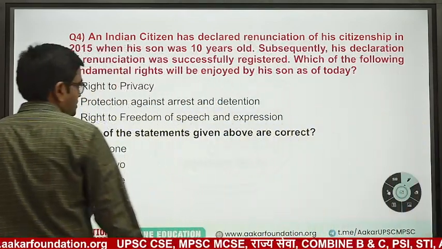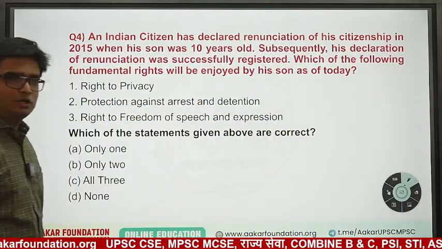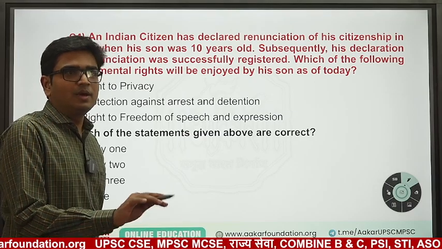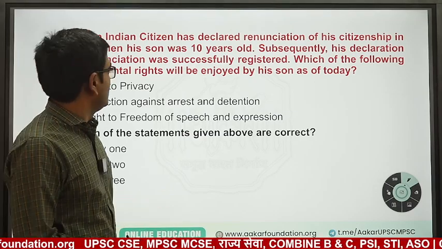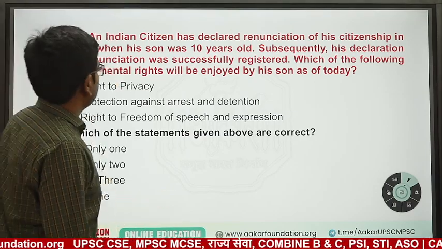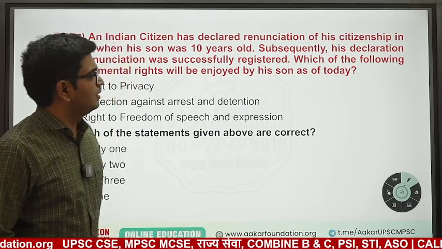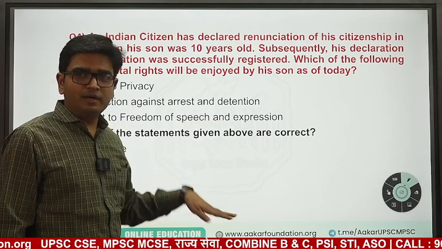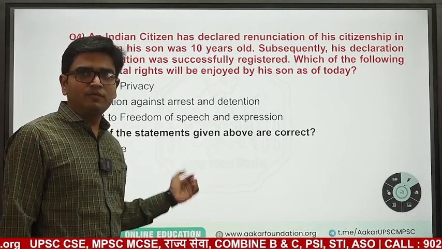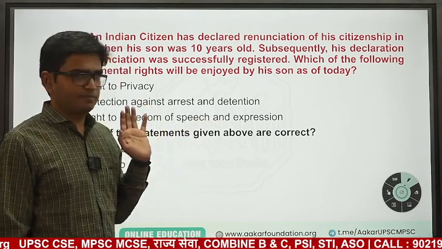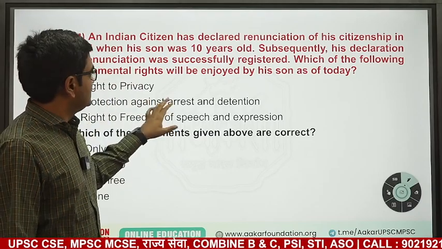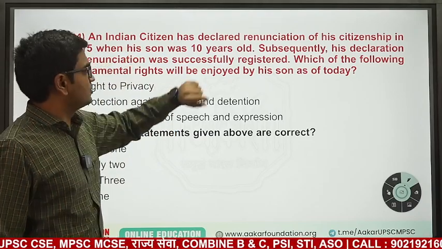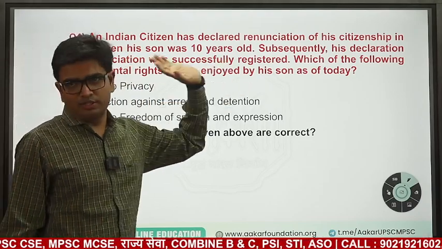Now this is a combination of fundamental rights applicability to citizens and non-citizens plus citizenship. So whenever renunciation of citizenship is done, automatically his dependents who are less than 18 years old will lose the citizenship. So in this case the son was 10 years old, so his son has also lost the citizenship.